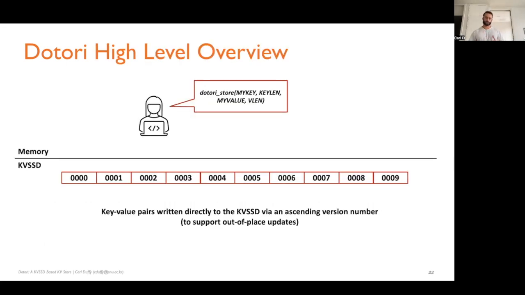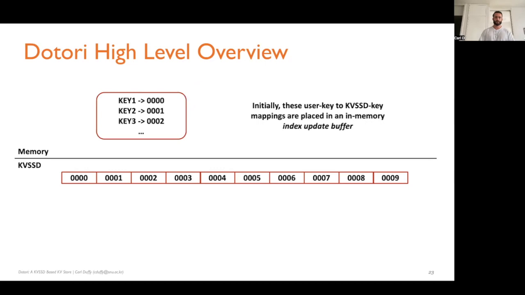A high-level overview of a store in Dotery is that first, the user might want to store my key, my value. And again, my key won't be written to the KVSSD as my key. Instead, it will get the latest version number available. That will be the key on the key value SSD. First, these mappings from the user key to the version number on the key value SSD will be stored in what we call the index update buffer.